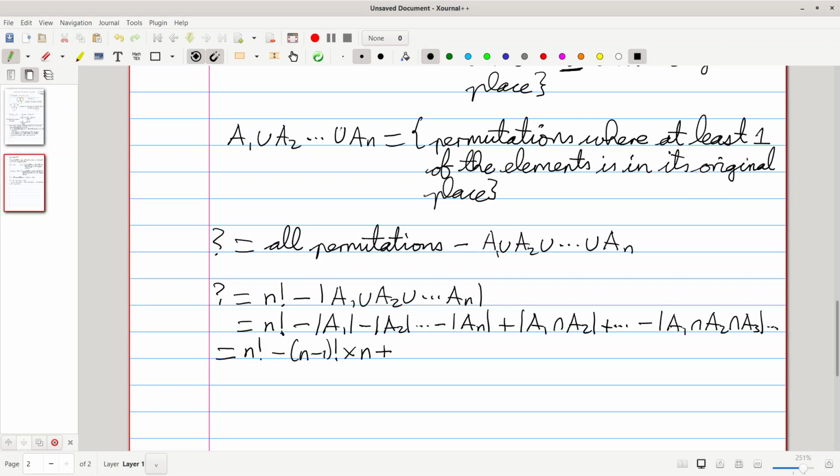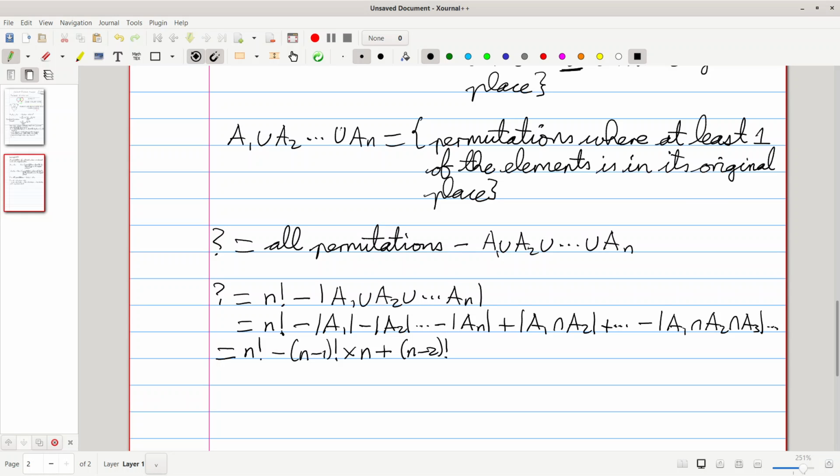The other elements are free to permute any way they want to. So there are n minus 2 factorial ways for the other n minus 2 elements to behave themselves. They can permute any way they want to.